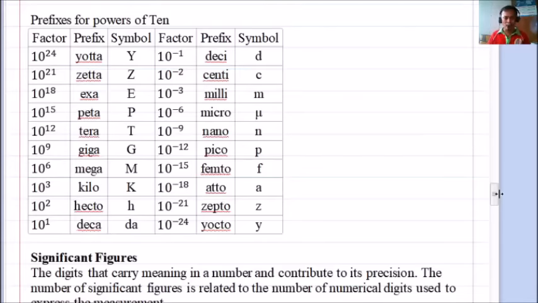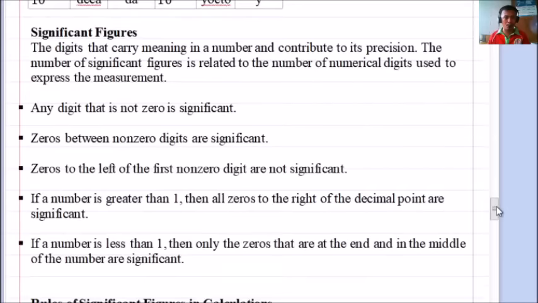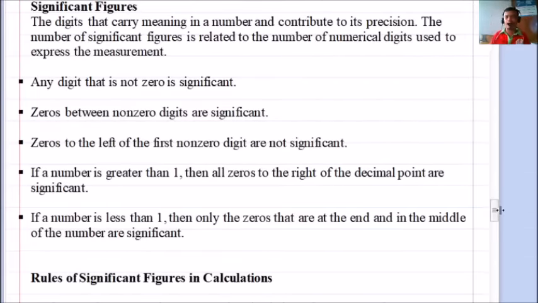Okay. Now, let's go to the significant figures. So, basically, these are the digits that carry a meaning in a number and contribute to its precision. Kumbaga may kinalaman po dun sa pagiging precise ng mga values.